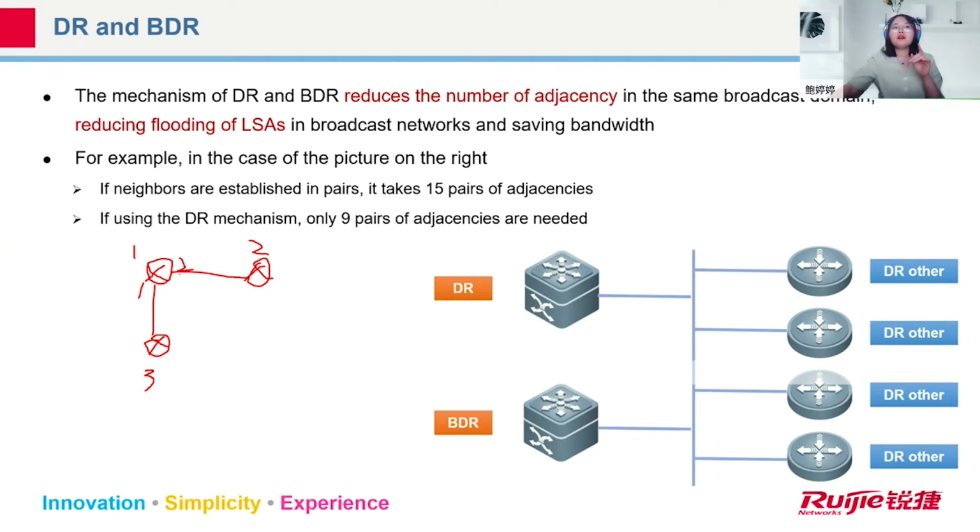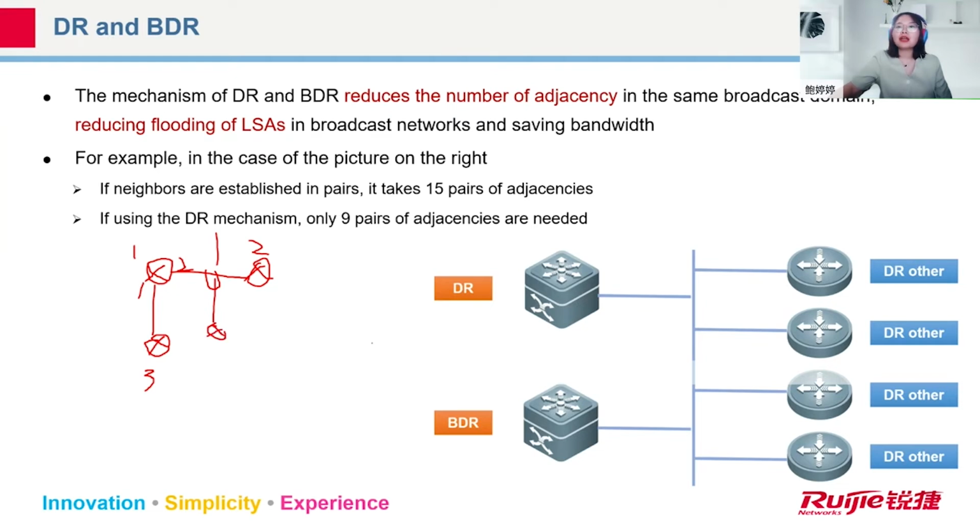Of course, in your network, you have the broadcast network. That means you use the Ethernet interface to connect with each other, because with Ethernet interfaces, you can deploy a switch and connect with multiple routers.